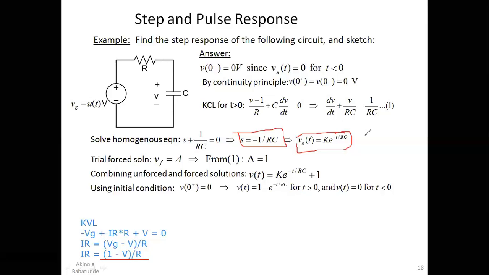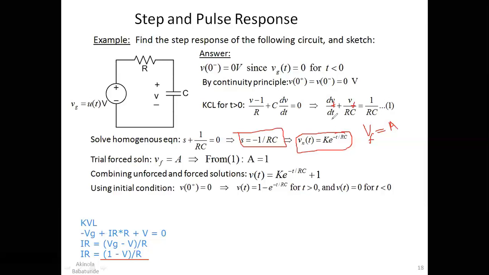After that, you want to find your trial forced solution. You can label it Vf, the forced solution, and let it be equal to A. You choose any constant that you can work with and feel comfortable with. If it's equal to A, it simply means dVf/dt plus Vf over RC equal to 1 over RC. Whenever you see Vf, you put A there.